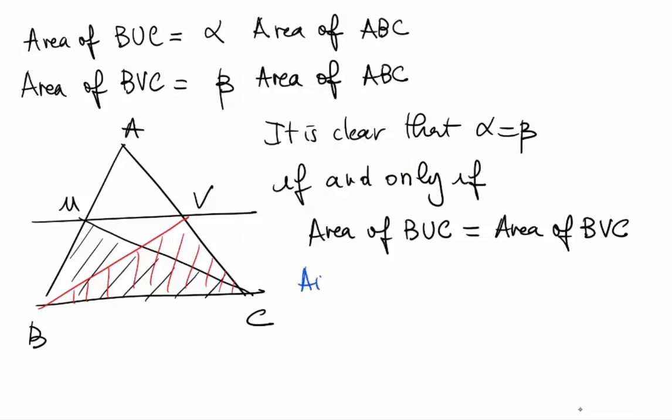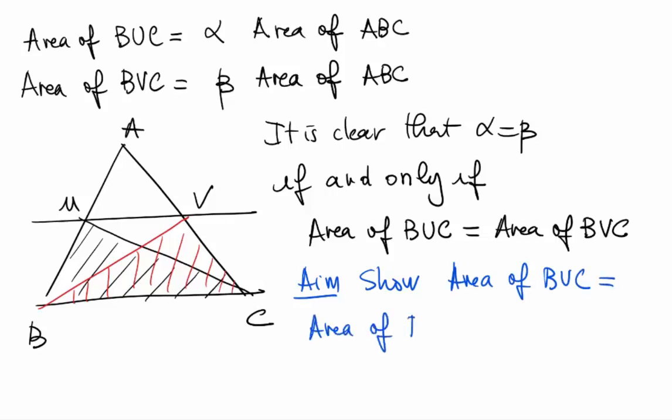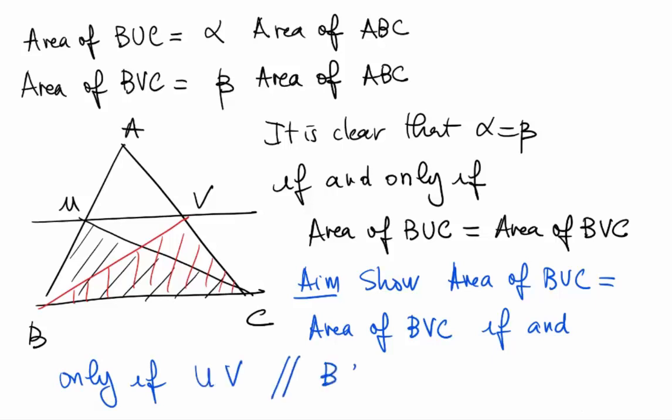So our aim is to show that the area of BUC is equal to the area of BVC if and only if UV is parallel to line BC.